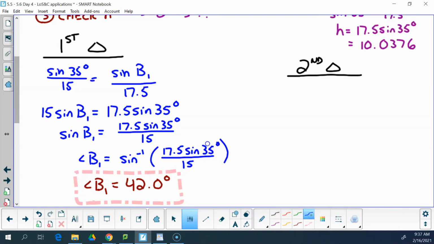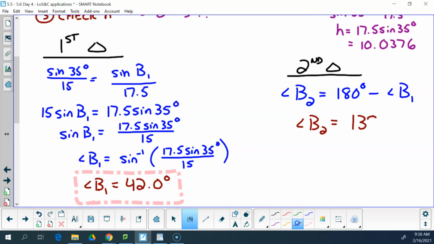So angle B sub 2 is going to equal 180 degrees minus angle B sub 1. So I get angle B sub 2 is approximately 138.0 degrees. Or if you didn't round or you rounded to 3, 137.997.